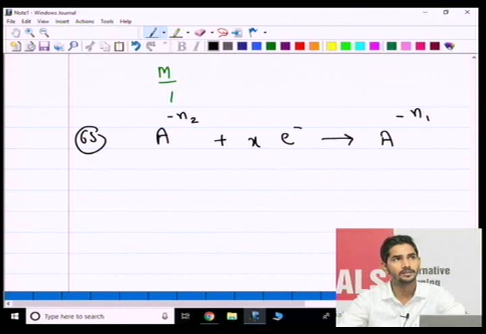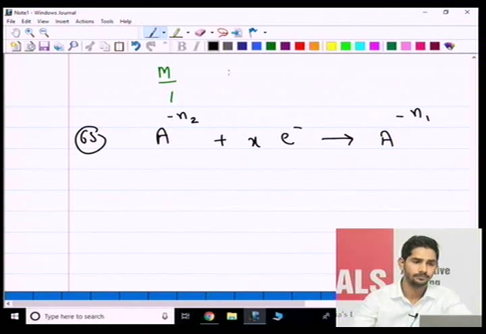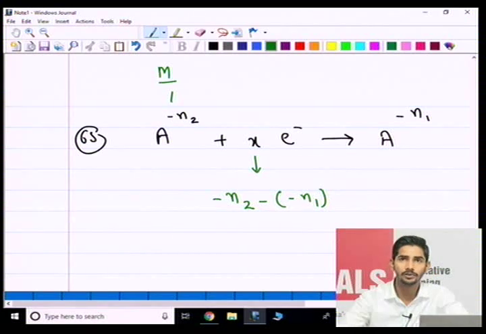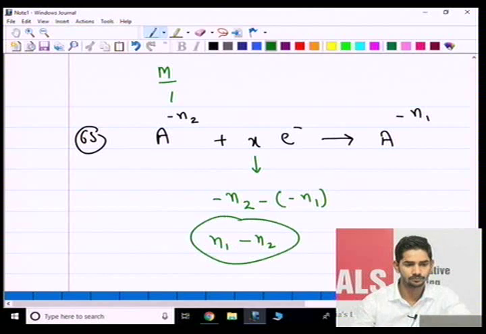Ultimately, you have to make LHS equal to RHS. If I say this one is minus N2, minus of N1, can I put it like this? And I can say N1 minus N2.